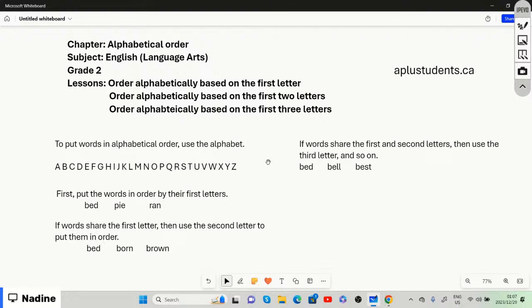All right, so when it comes to alphabetical order, the first thing that comes to our mind needs to be the alphabet, right? So you need to know the alphabet in order to put words alphabetically in order.